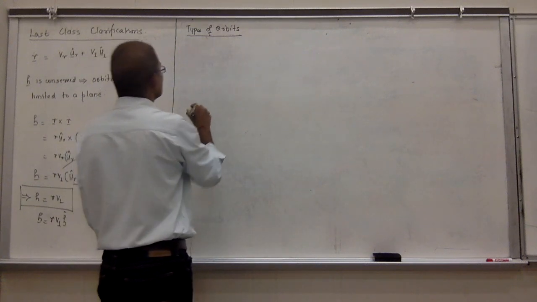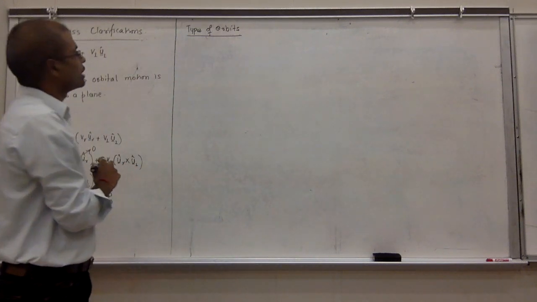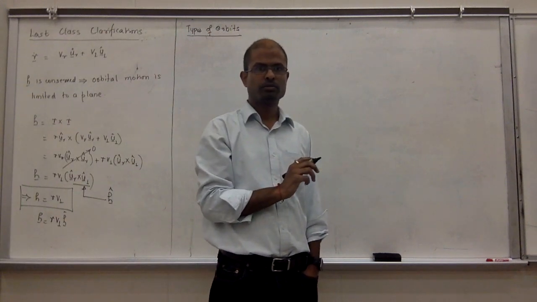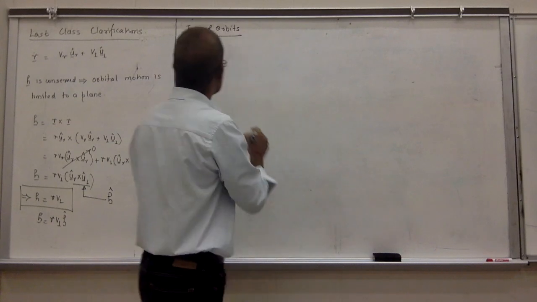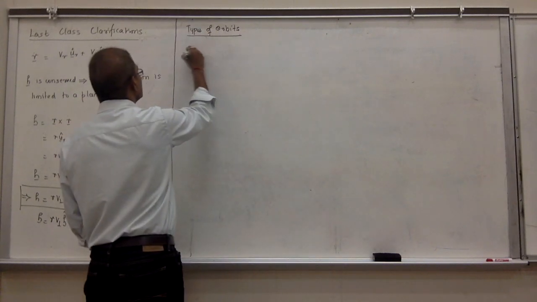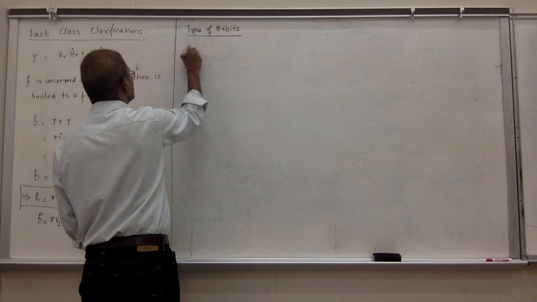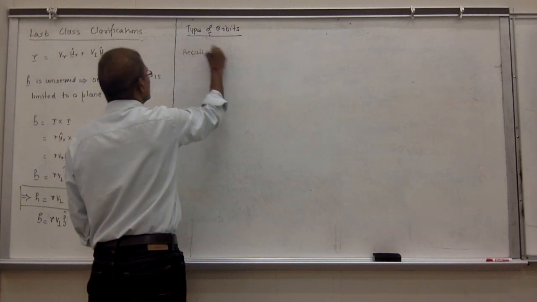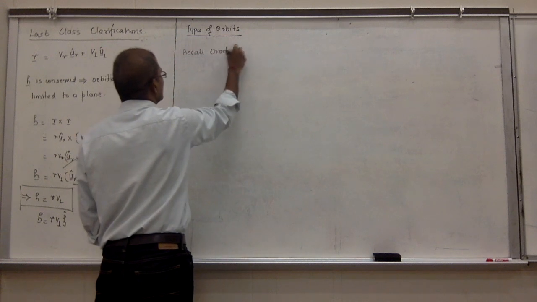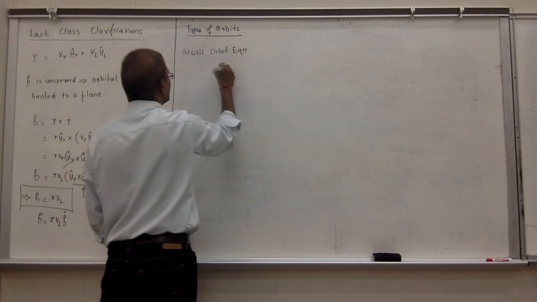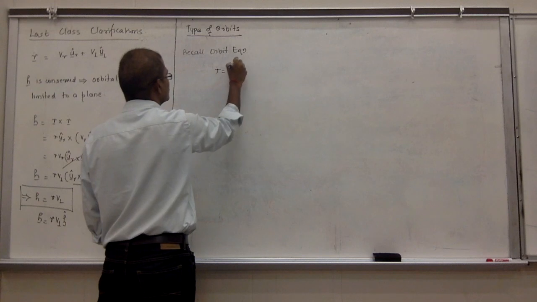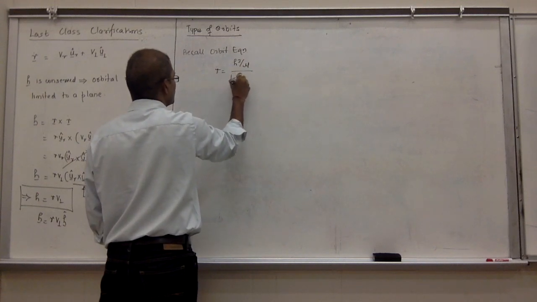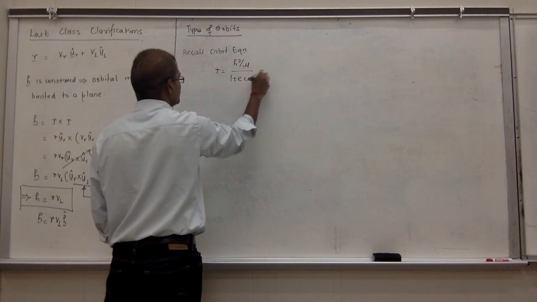So now, types of orbits and types of conic sections are exactly the same. You recall the orbit equation, which is R is equal to h squared over mu times 1 plus e cosine theta.